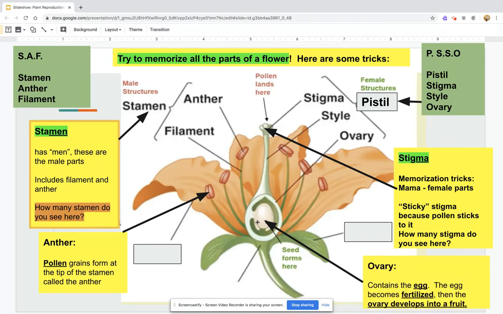Ovary contains the egg, and the egg becomes fertilized if the pollen that lands on the stigma is able to reach its way down into the ovary, and then the ovary develops into a fruit. Okay. So PSSO for the female part.